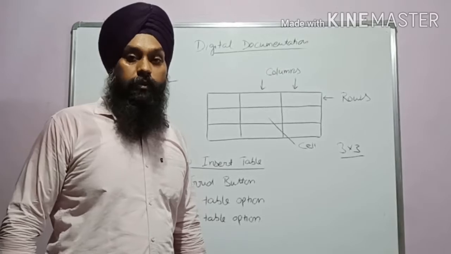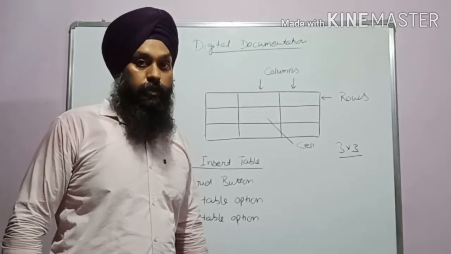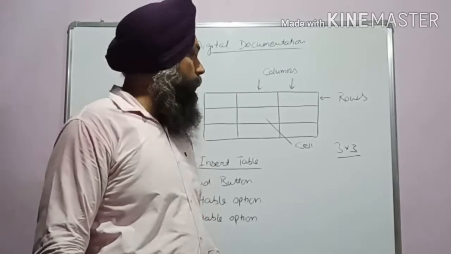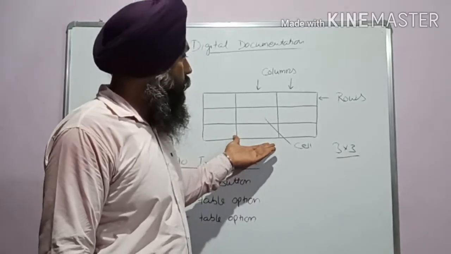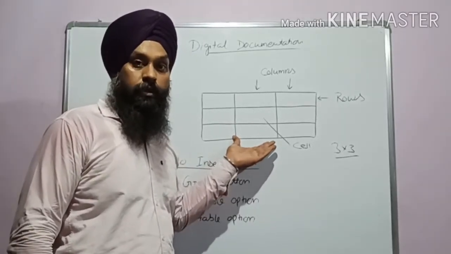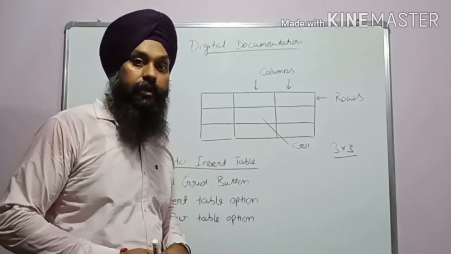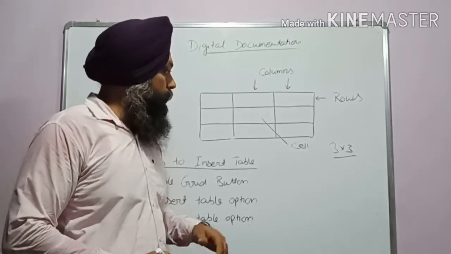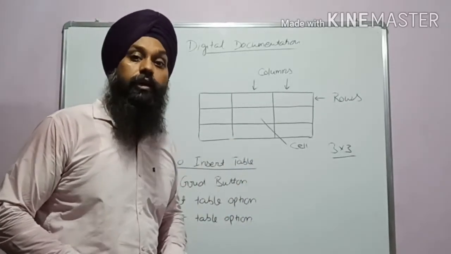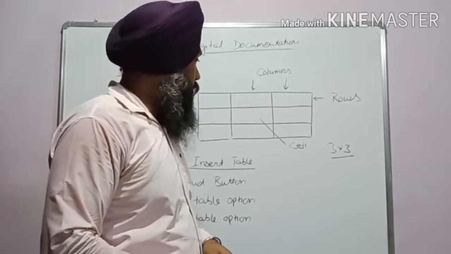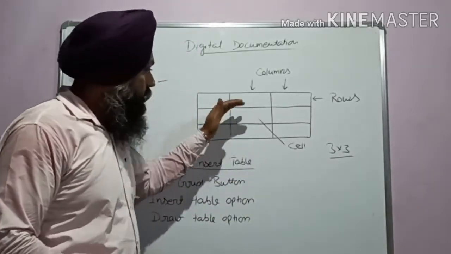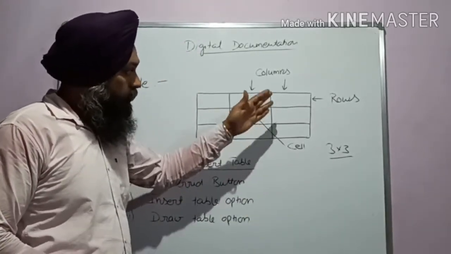Next topic we have is the table. A table is used to represent data in the form of rows and columns. It becomes easier when we represent the data in a tabular form. Here we have horizontal lines and vertical lines.